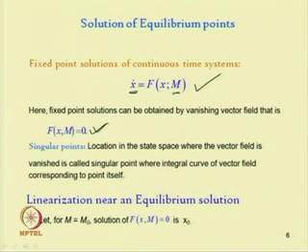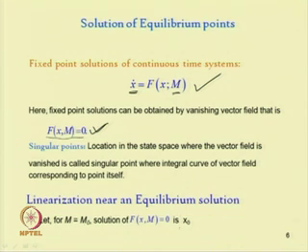We may have to solve a set of algebraic equations or transcendental equations to find the equilibrium position. To study the stability near the equilibrium position, one may do a linearization. Let for the control parameter mu equal to mu 0, the solution be x equal to x 0.